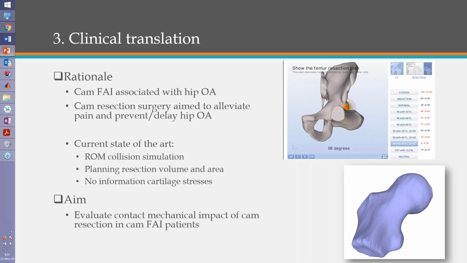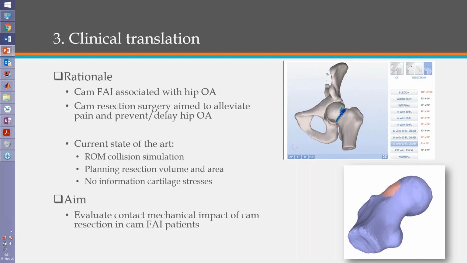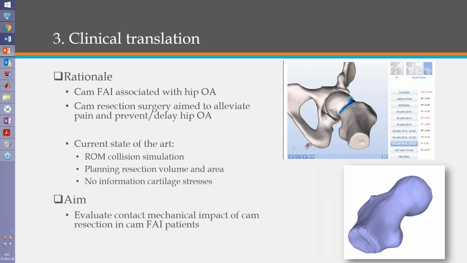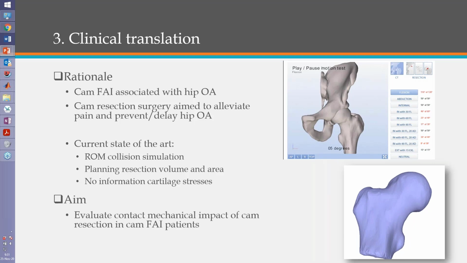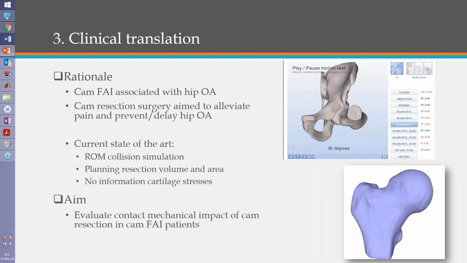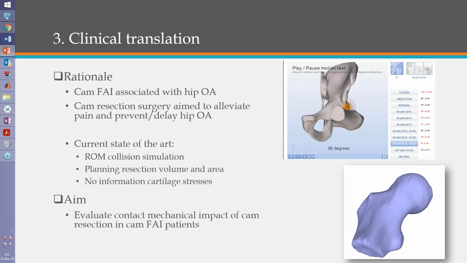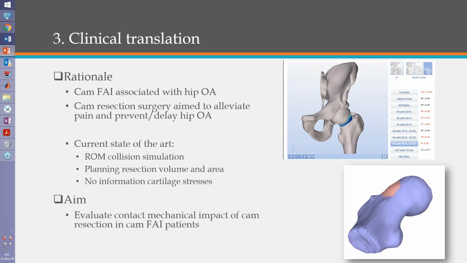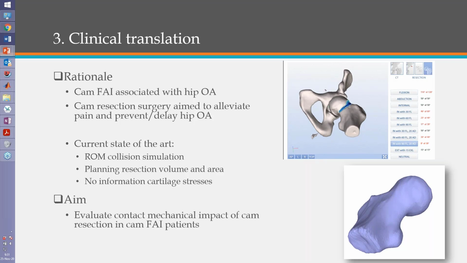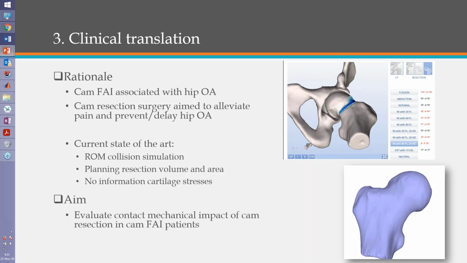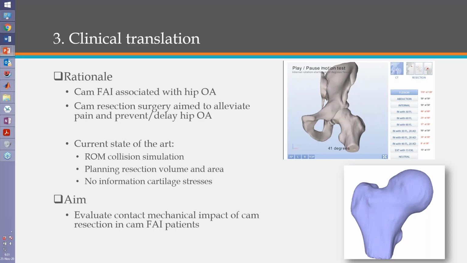Currently, collision detection of the range of motion is the method that's mostly and widely used, but it doesn't give us any information on joint cartilage stresses, or on whether the surgery is able to normalize these joint stresses or not.